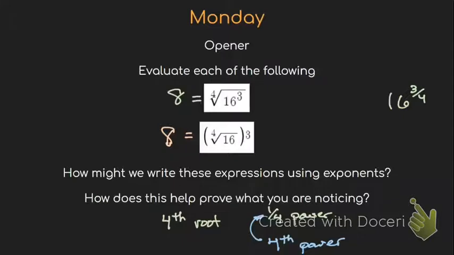So if I then use my order of operations, I know the 16 to the 3rd is actually the first thing that looks like is happening, right? And then all of that is being raised to the 1/4 power. So how does that help me justify Kira's end result?